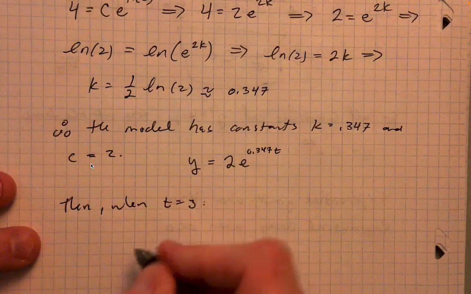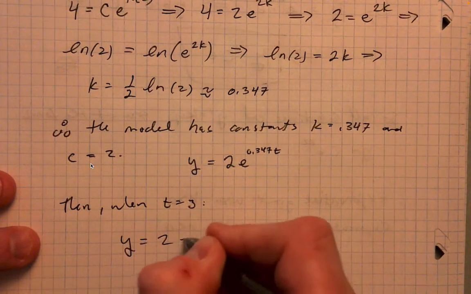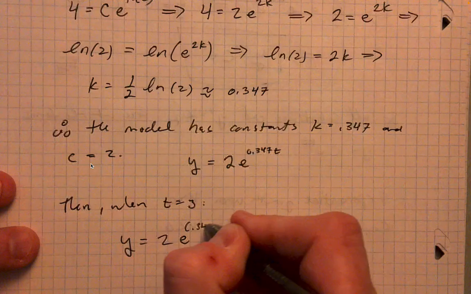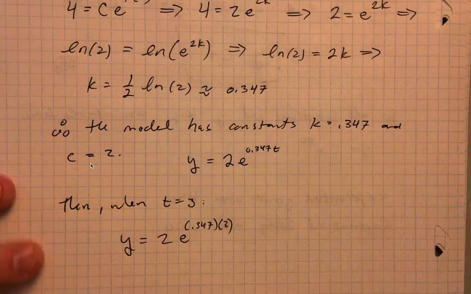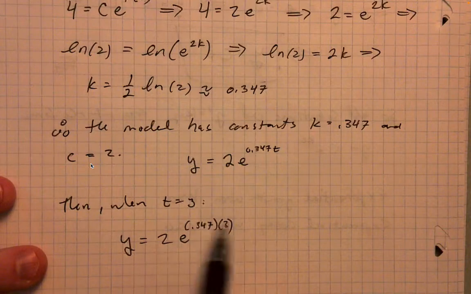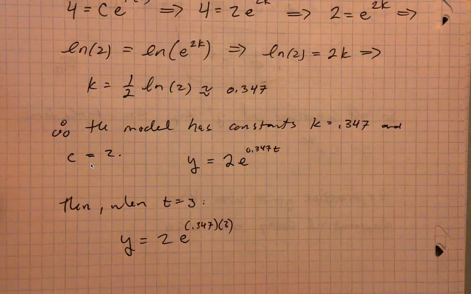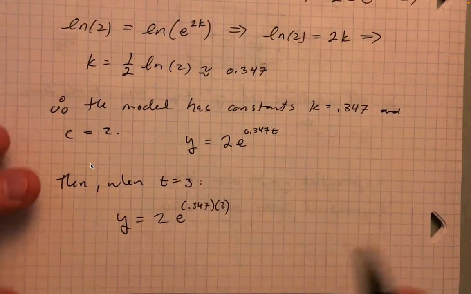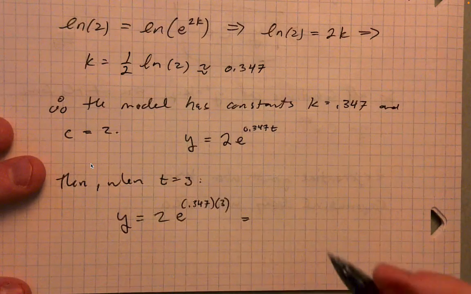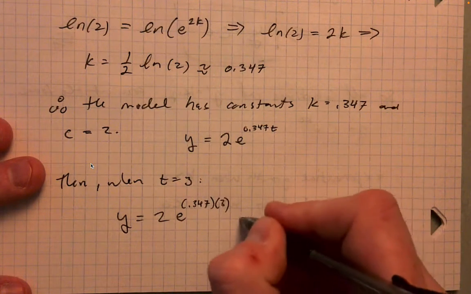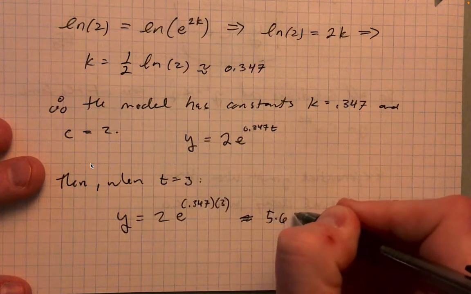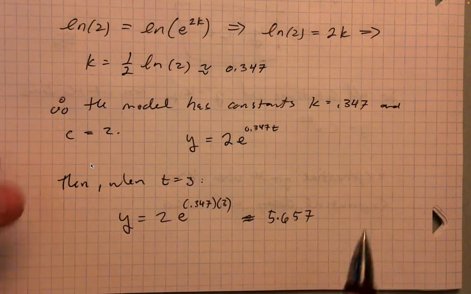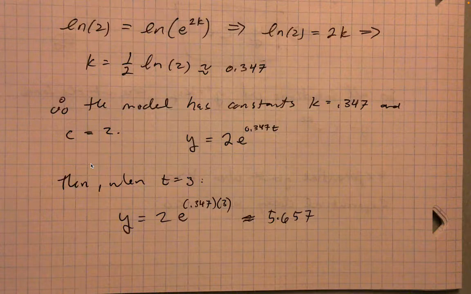So when t is equal to 3, we have y equals 2e to the 0.347 times 3. And we can just plug this into a calculator. We can figure out exactly what that value is. And having done that already, we see that it's approximately 5.657. Okay, so there you go.